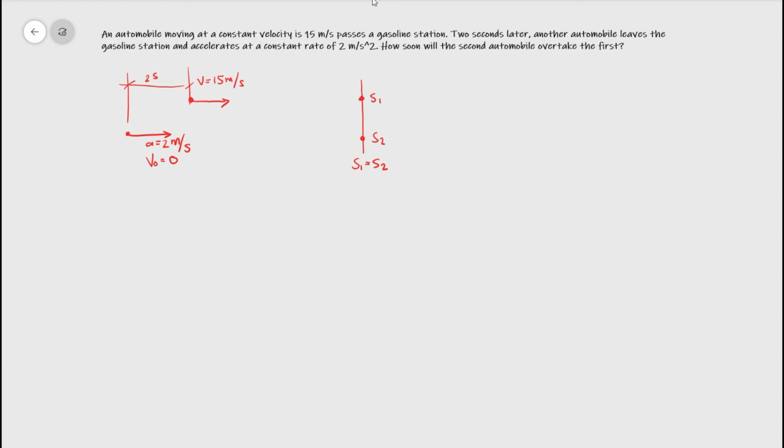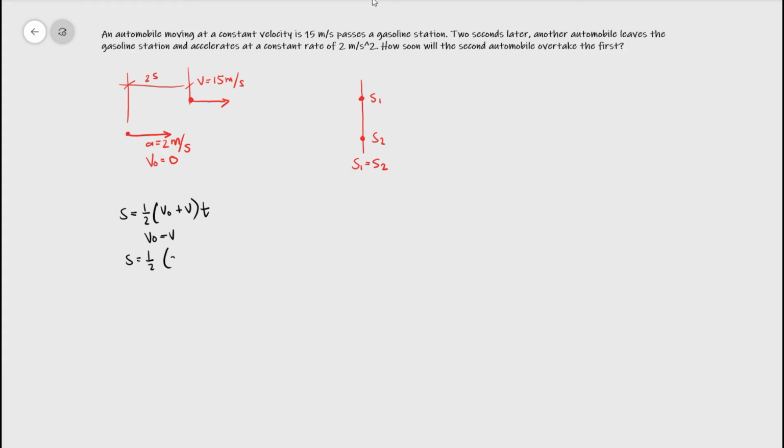meters per second. Now, for the constant velocity, we have a formula, let's say, initially S is equal to 1/2 of the initial velocity plus a certain velocity at that given time. Since the velocity of the first automobile is constant, we can say that the initial velocity is equal to its instantaneous velocity at certain time.